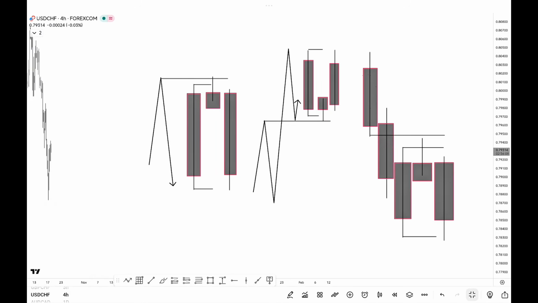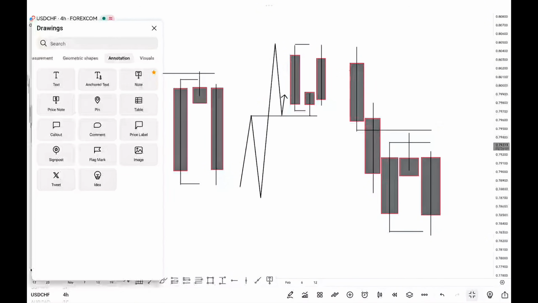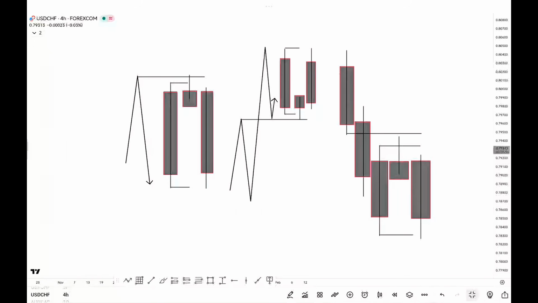So here, let's do it this way. Let's move straight to our chart. Let me try to clear all this out. Before I do that, I think I have to take a screenshot of this.